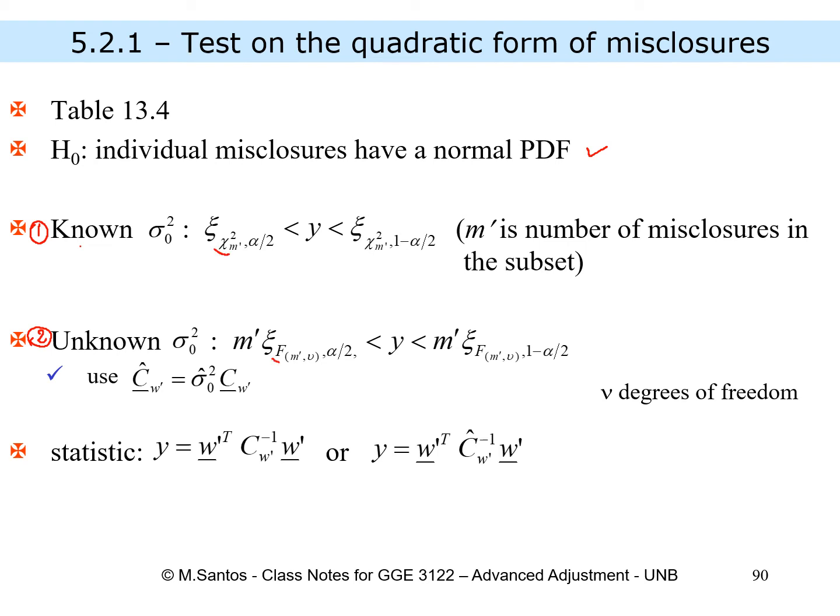If you don't know, use the Fisher distribution. And the important thing here is that we'll be essentially using a scaled covariance matrix of the misclosures. This is the statistic. We either use this if we know the a priori variance factor. We use this statistic here if we don't know the a priori variance factor.